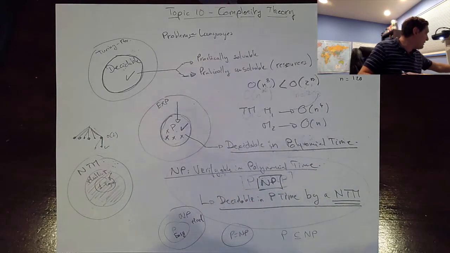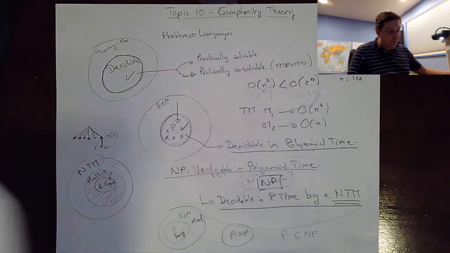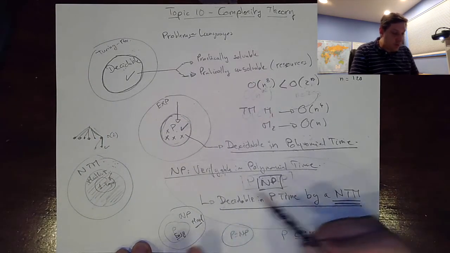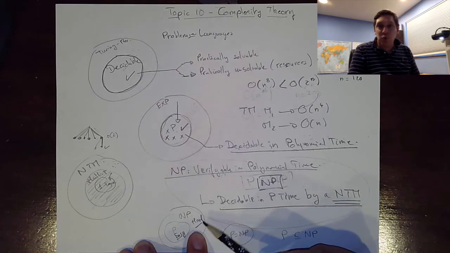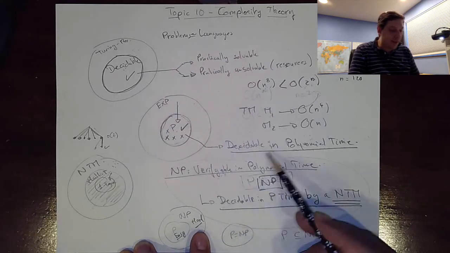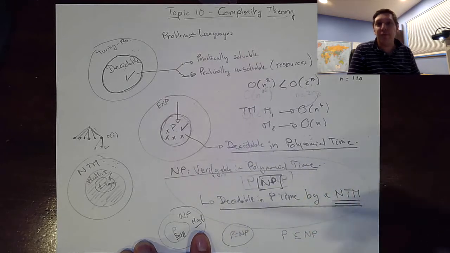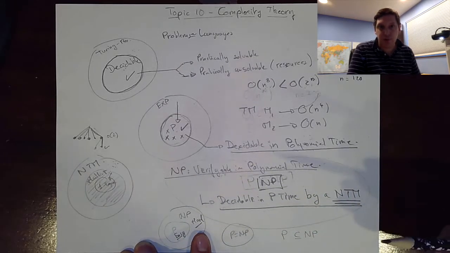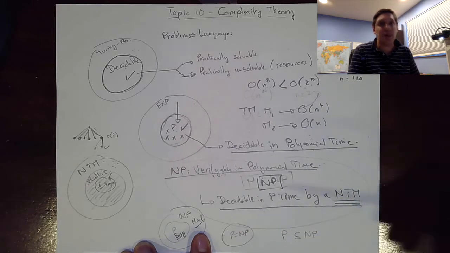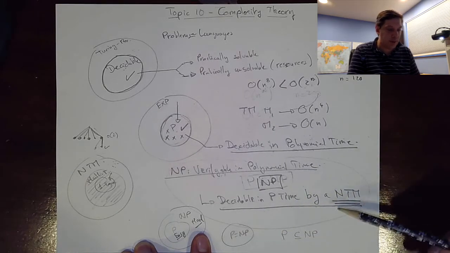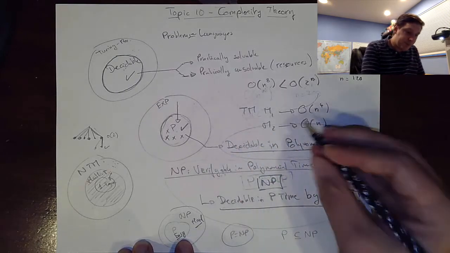It's not the best, rigorous definition, but that kind of works. Hard, but might be doable, because at least we have the possibility to verify a solution in polynomial time, and we know that it is decidable in polynomial time by a non-deterministic Turing machine, right?